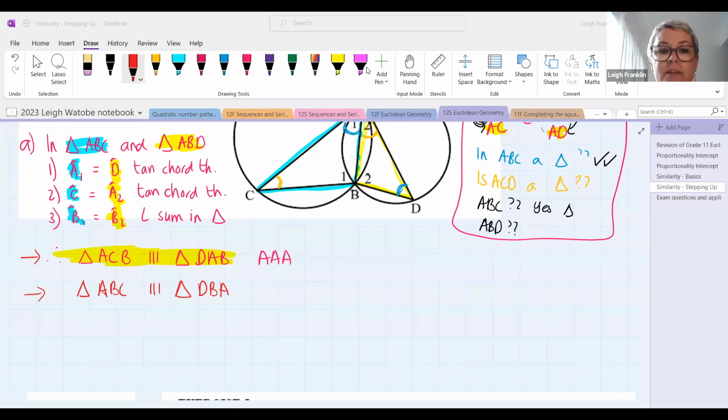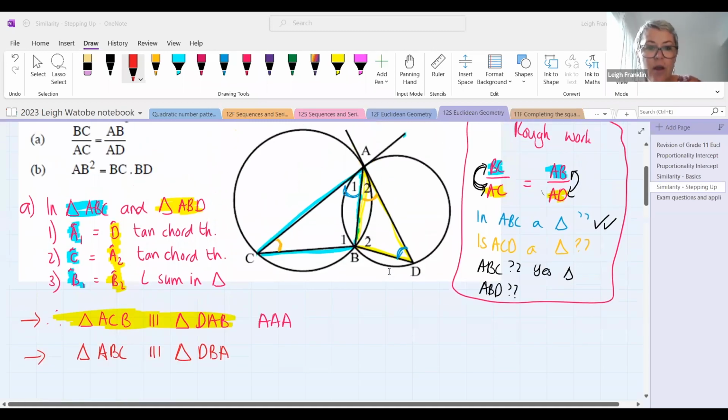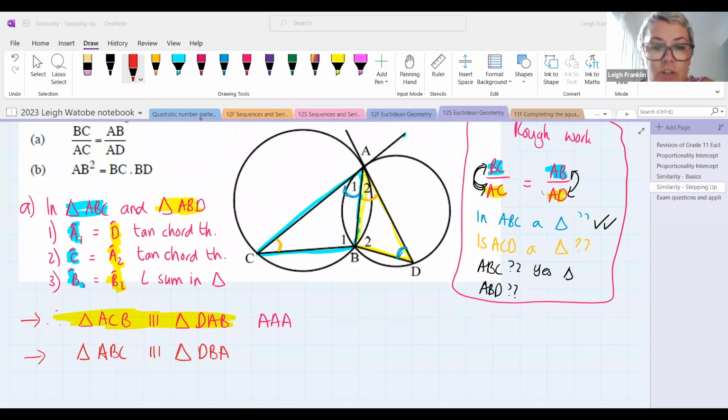Okay, so let's go, is it tan chord, yeah, when the angle touches. I'm just answering a question here. Raphael, so tan chord theorem is, so AC is a tangent. Angle A1 is the angle between the tangent and the chord. AB is the chord, and AB makes D at the circle.